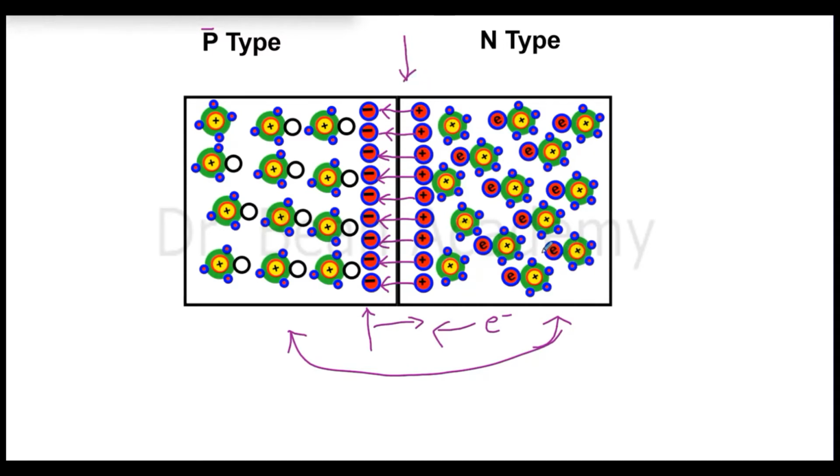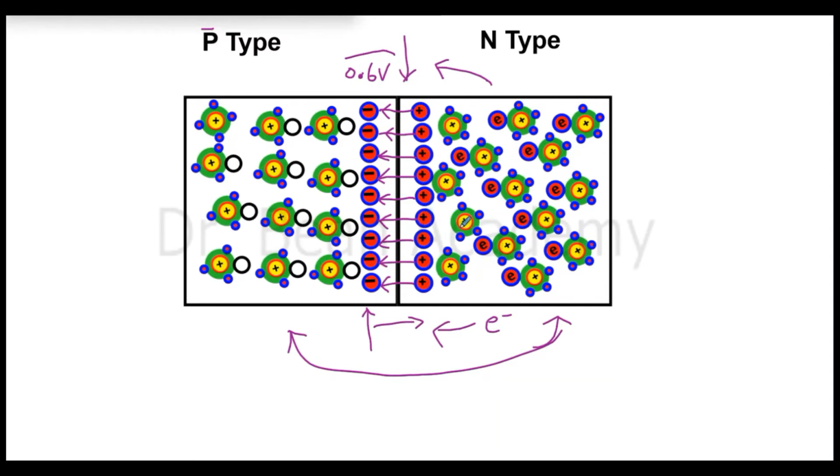And if an electron wants to go to the p-type, it has to cross this barrier, and this barrier has a certain electric field and voltage. If it is silicon, then for silicon this barrier voltage is about 0.6 volts. So if an electron wants to go to the p-type, it must have a force greater than the force offered by this potential barrier.